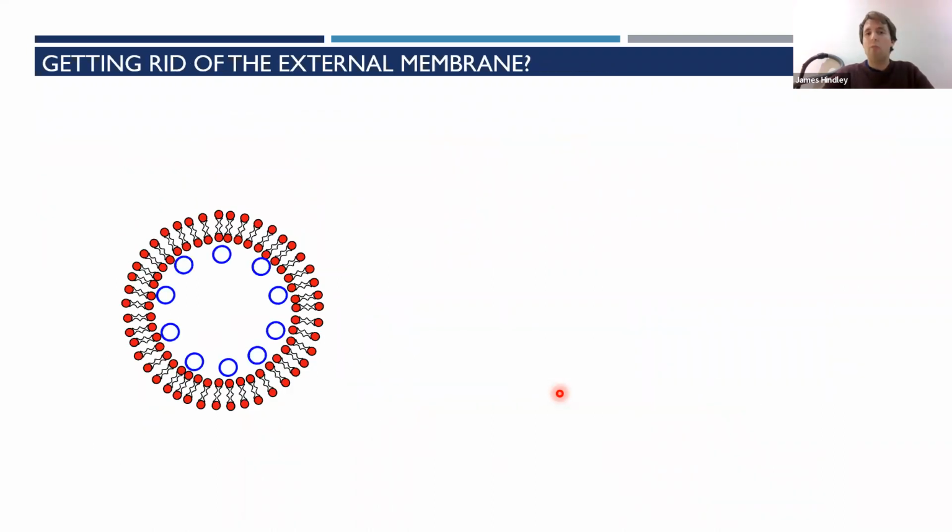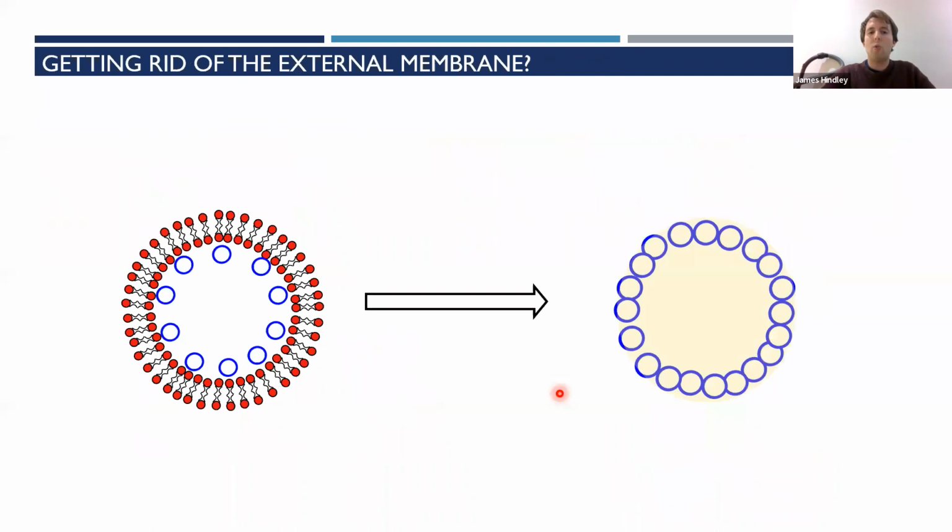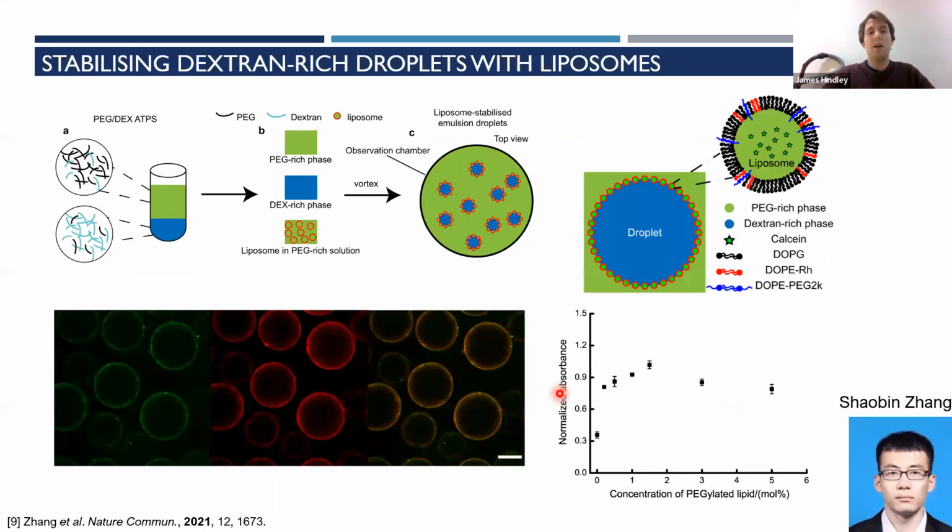Okay, so finally, how about we get rid of the external membrane? I've talked about vesicles in detail for pretty much the whole talk, but how about we think about how we can interface vesicles with membraneless organelles or membraneless compartmentalized systems? The system I'm going to talk about is aqueous two-phase separated solutions, in particular PEG and dextran.